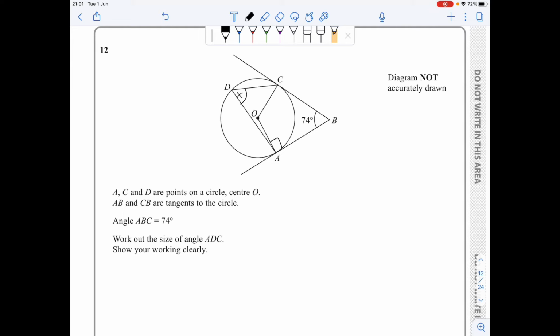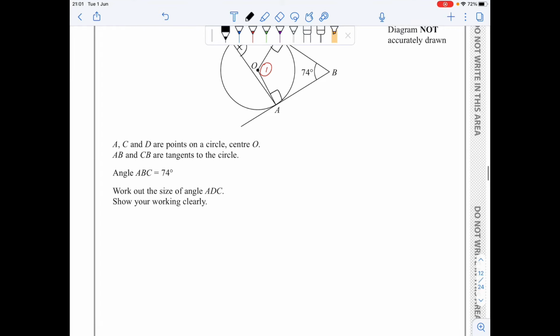And also BCO is 90 degrees for the same reason. Then I will work out the size of angle 1, which I marked in red, and then X is half the value of angle 1, because the angle at the center is twice the angle at the circumference.